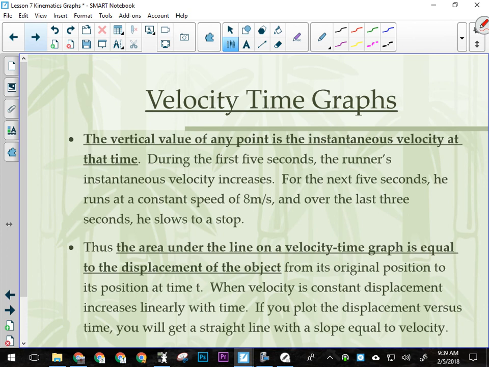Okay, so off of a velocity versus time graph, we can read the velocity of the object at different times. That's what it shows us. We can calculate acceleration if we find the slope, or we use a equals vf minus vi over t. And we can find the displacement of the object using average velocity times time, the area under the line. That's where we get that from.